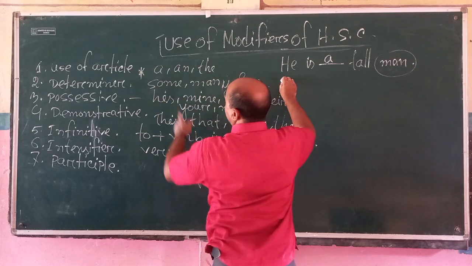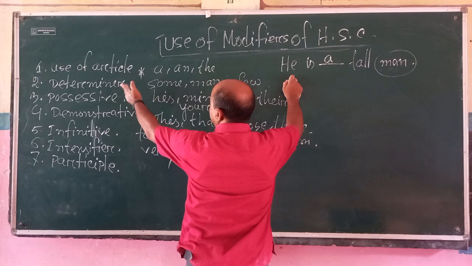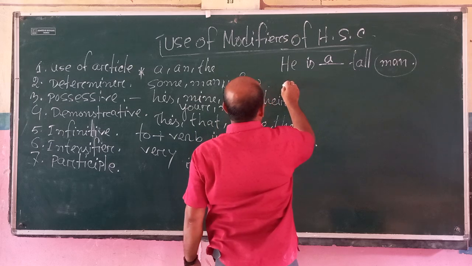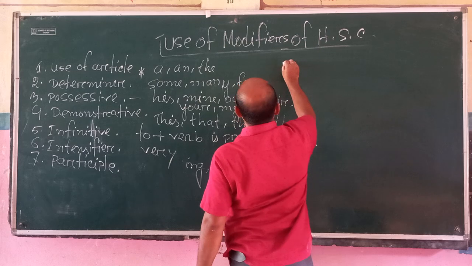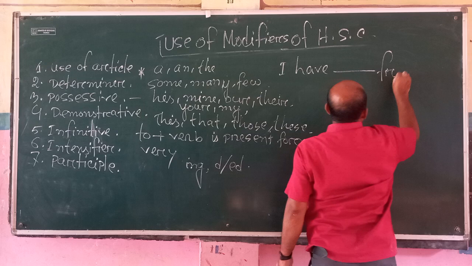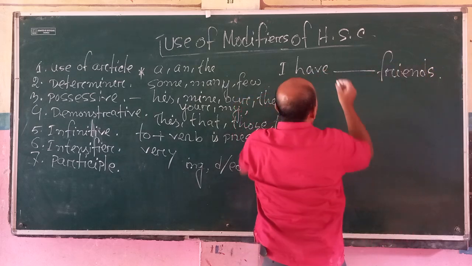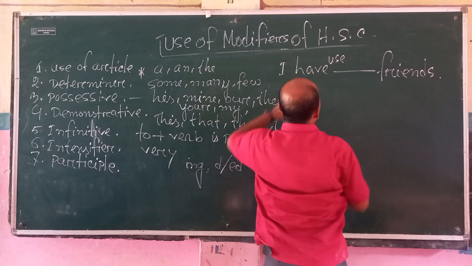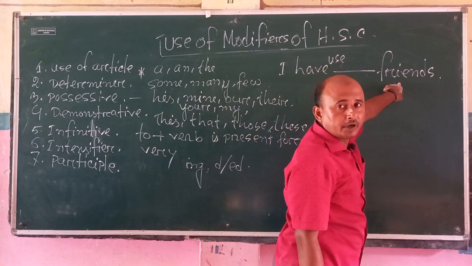When they ask you to use a determiner, you will use some, many or few. I am giving an example: I have dash friends. It may say use a determiner, pre-modify the noun.